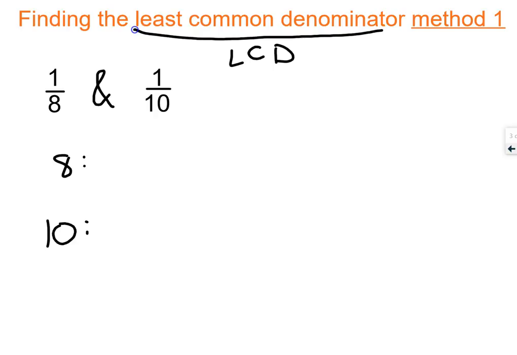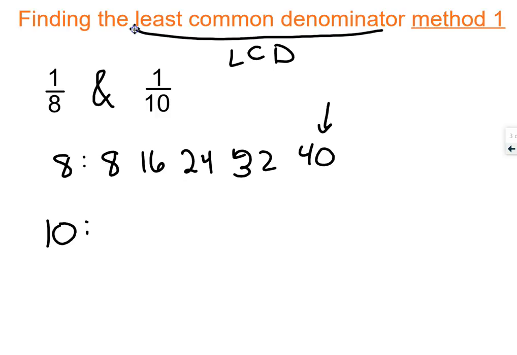So looking at 8, all you have to do is multiply 8 by every digit 1 through, say, as many as it takes until you find a common number. So 8 times 1 is 8, 8 times 2 is 16, 8 times 3 is 24, and we're going to just keep multiplying by digits until we reach a number where we think we might have something in common.